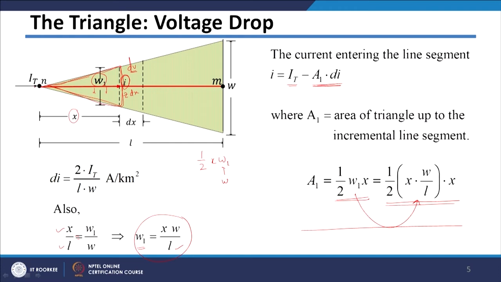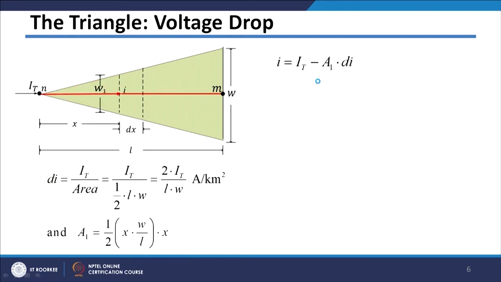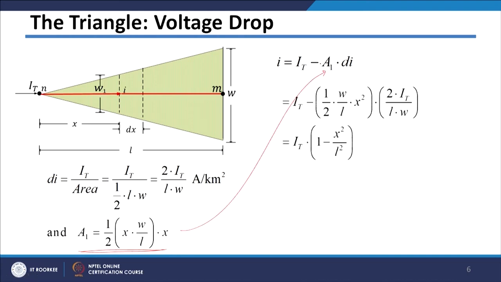From that we can put this A1 into these equations, so that I can get the equation of current. As I told you, this A1 triangular area I am putting into this equation here. Finally, the current equation will be IT minus this, which is nothing but your A1, and this is nothing but your DI, which are written here.